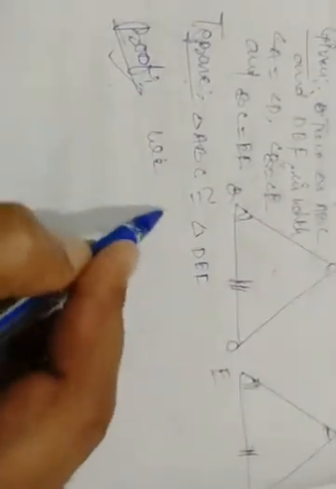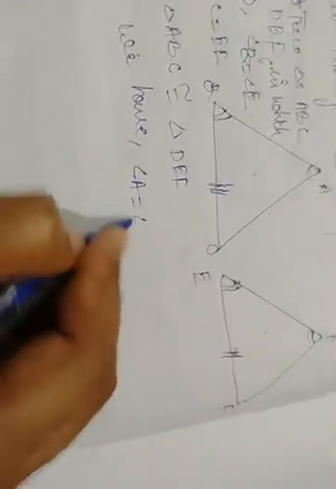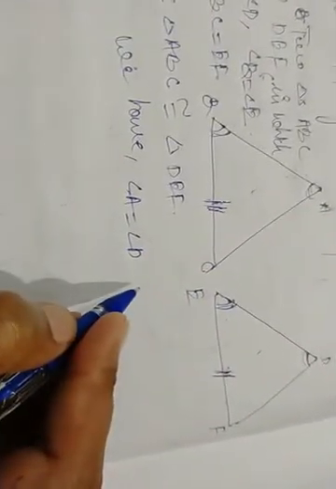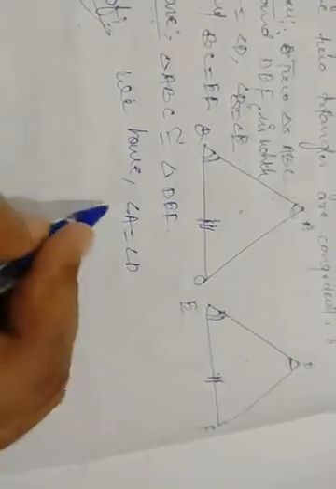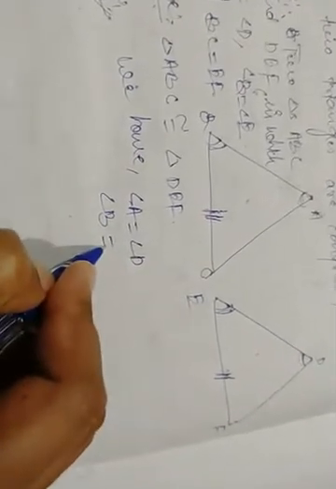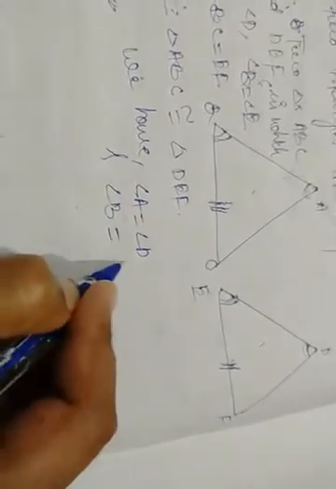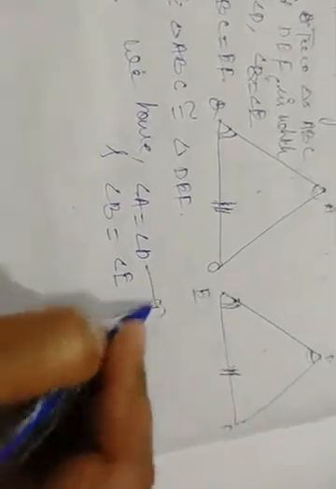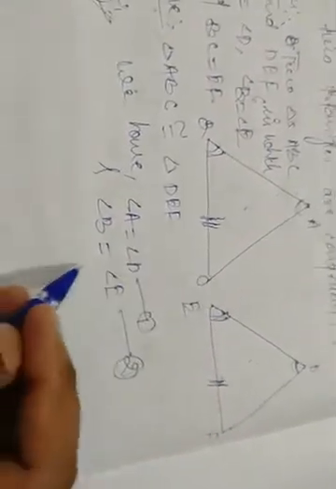Let's prove it. We have angle A is equal to angle D, that is equation 1, and angle B is equal to angle E, that is equation 2.